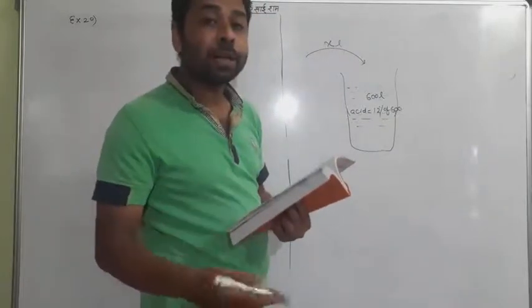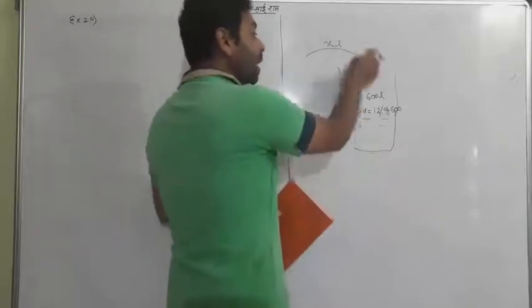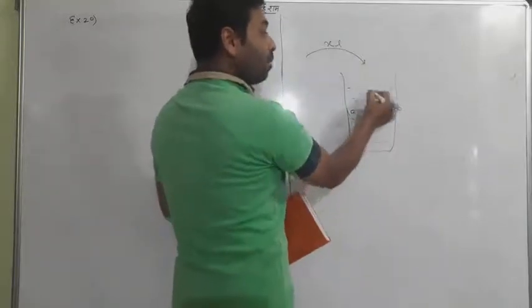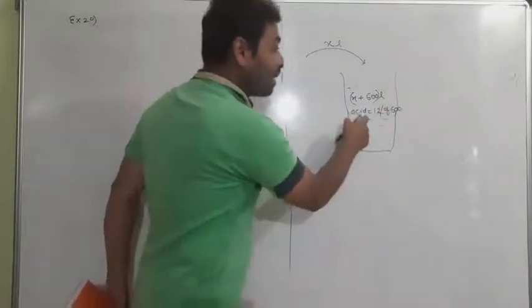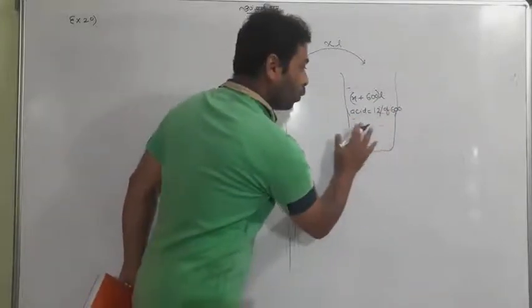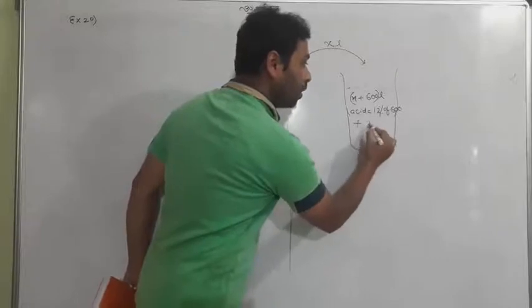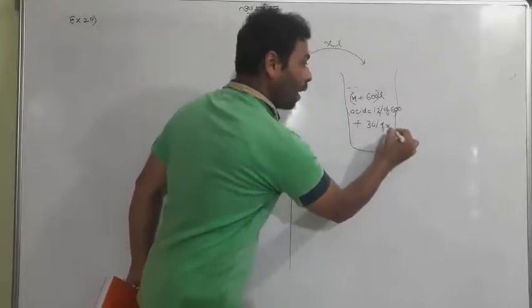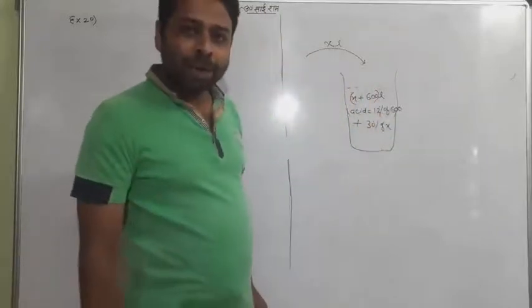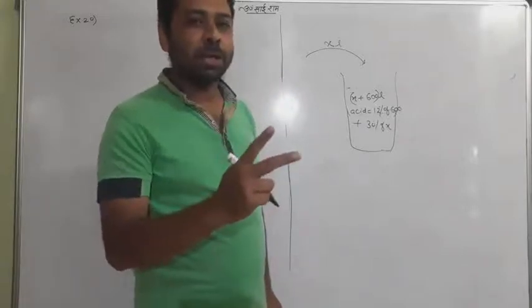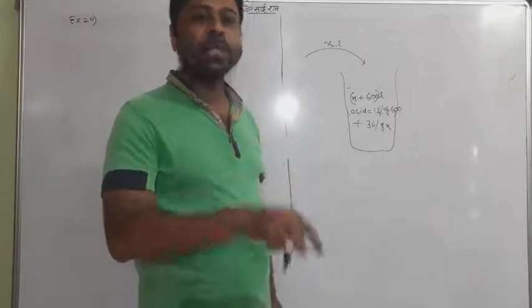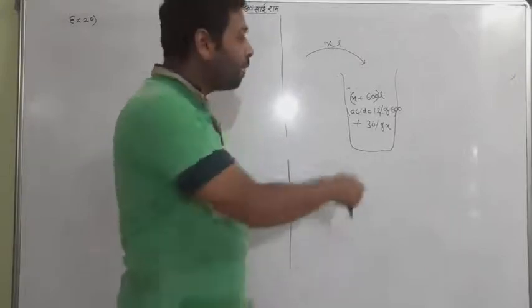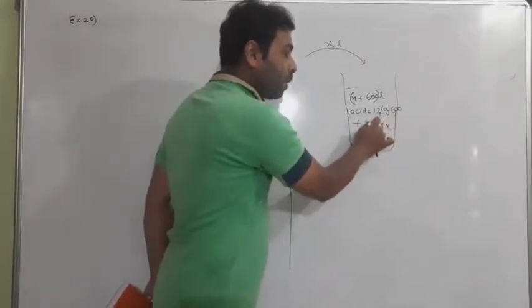30% acid content. When it is added, the total mixture will be X plus 600, but the total acid content will be 30% of X. We have to focus on two things: the total number of liters of solution, and the acid content. Previously the acid content was 12% of 600.